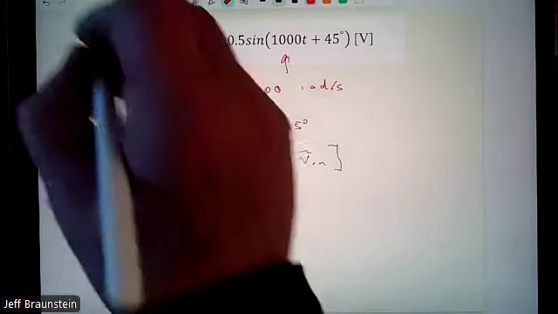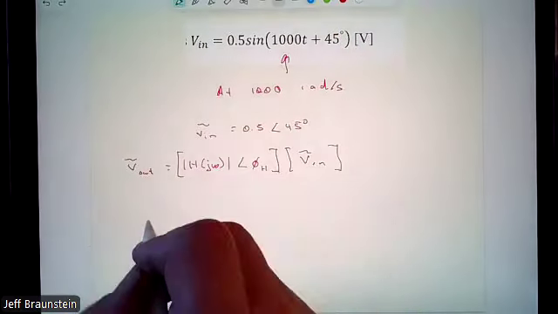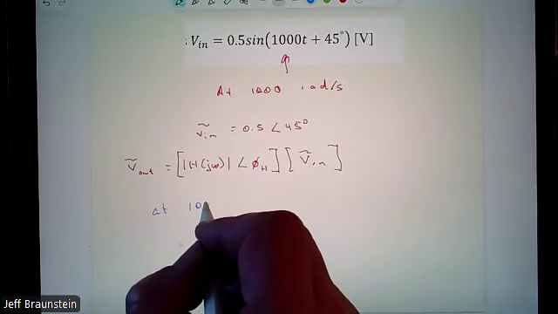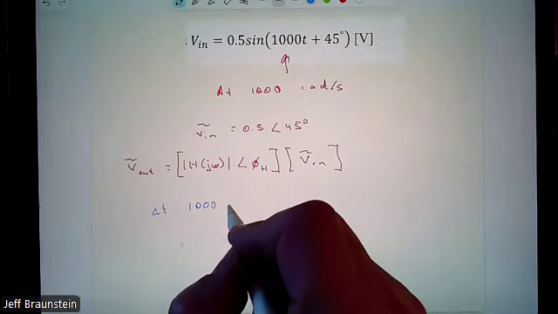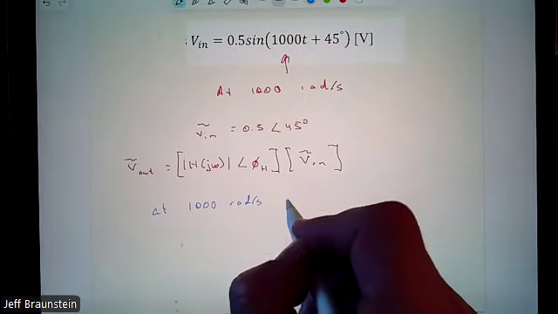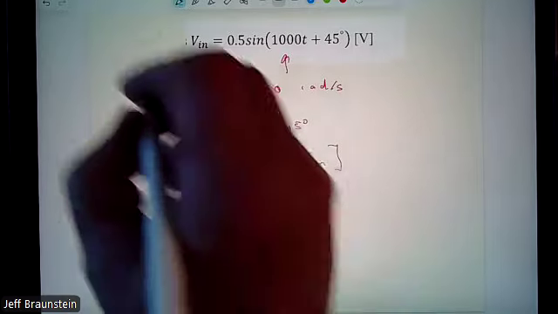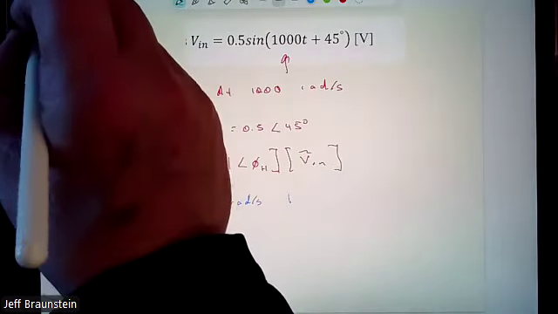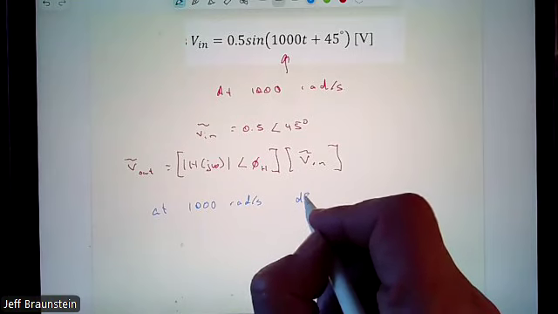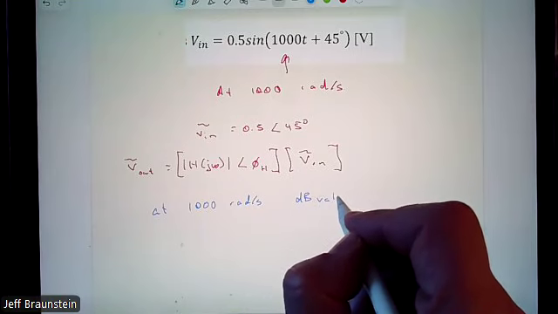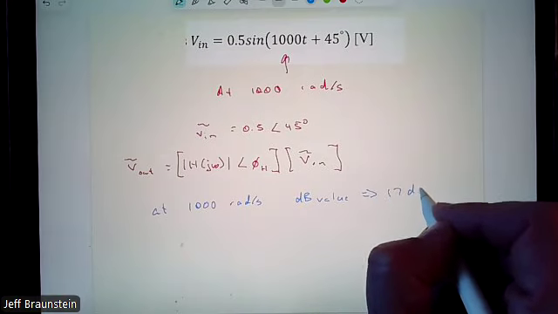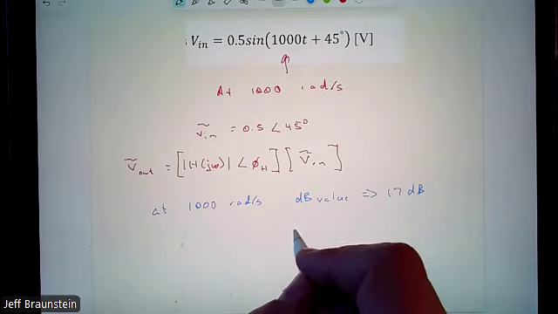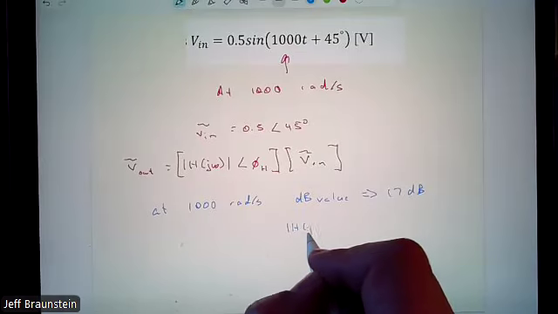At 1,000 radians per second, our dB value, it's not quite magnitude yet, is 17 dB. We need to translate that into magnitude of H of j omega.